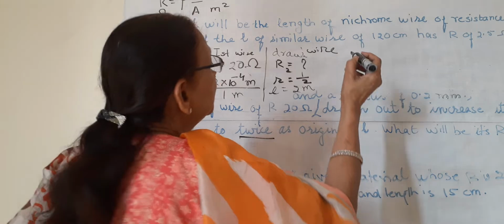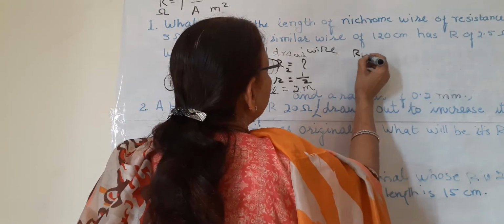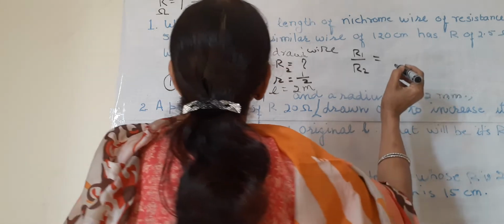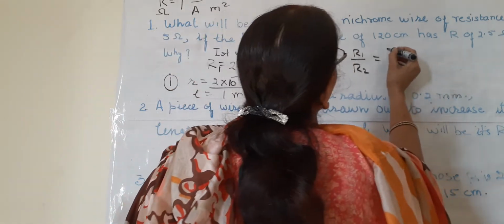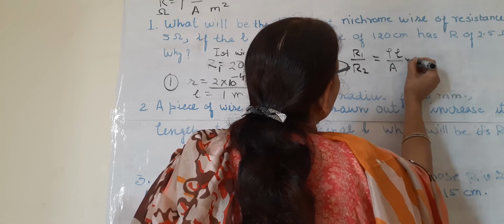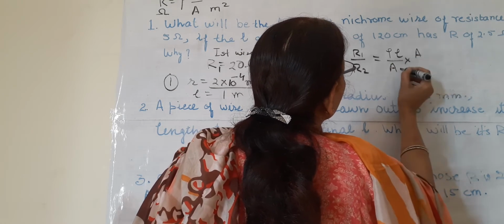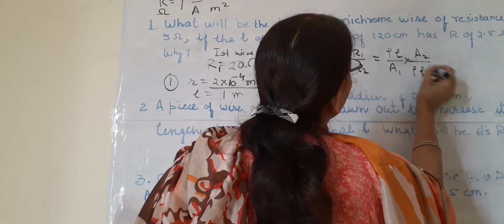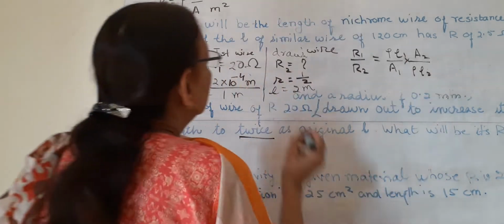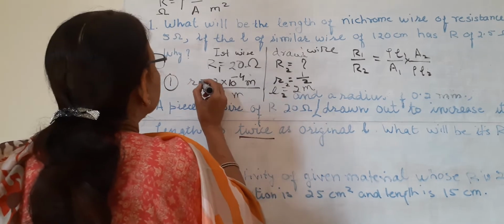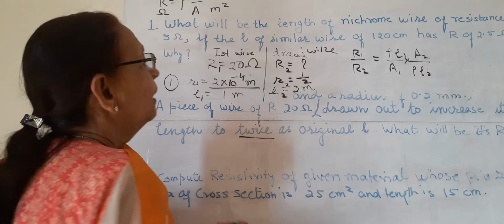So we will do this now as R1 upon R2 will be equal to rho L upon A into A1 and A2 and rho L2. This is L2, this is R2, this is R1, this is L1.